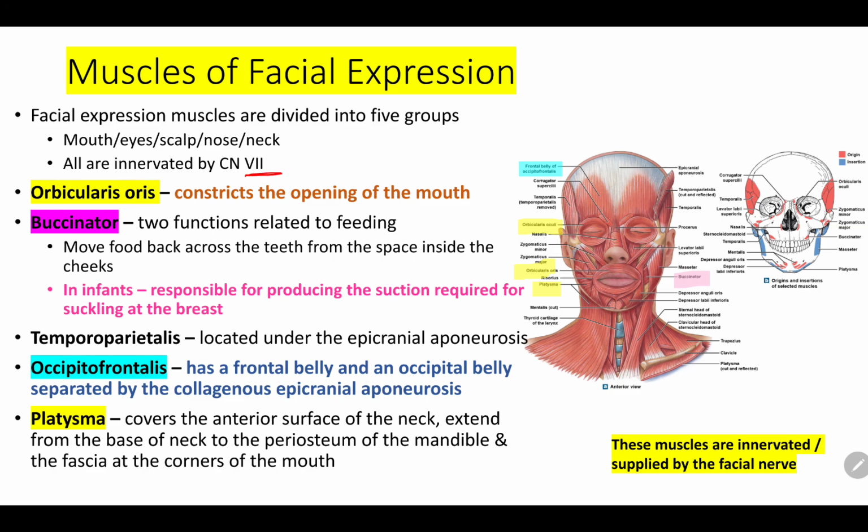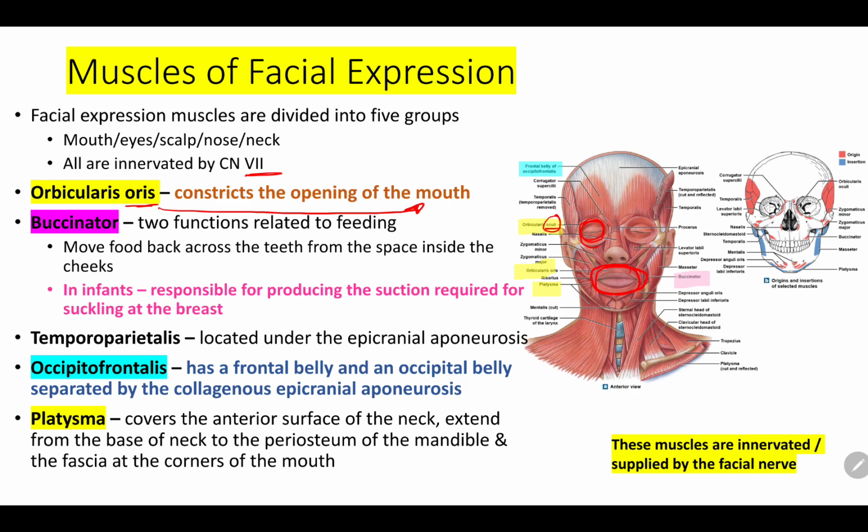And so we have, for example, the orbicularis oris. Oris means mouth. Don't get it confused with orbicularis oculi right here. Oculi means eye. So you have these circular muscles, some around your lips, the orbicularis oris, and then you have orbicularis oculi around your eyes, okay?